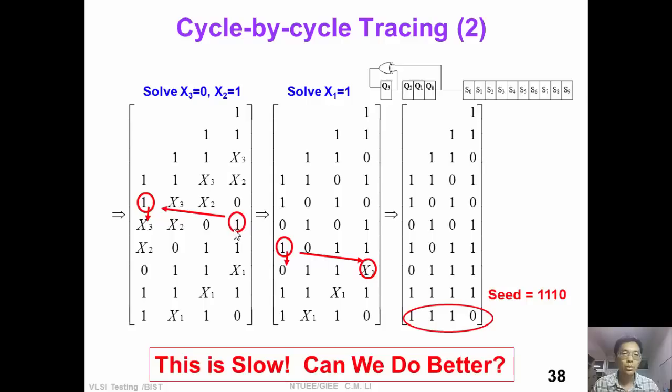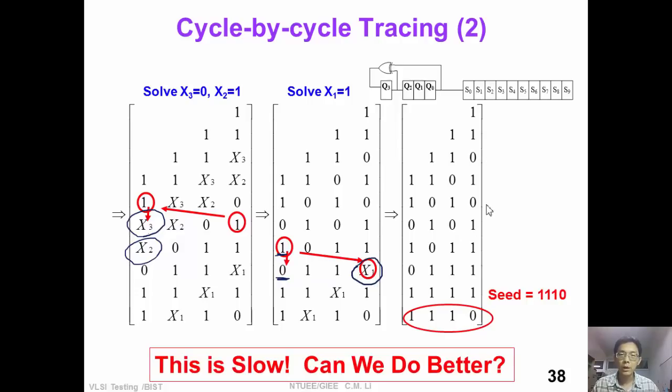We can apply the same equation and solve that this variable x3 is actually 0, and we can also find that x2 is actually 1. Since this is 0, this is 1, we can also solve that x1 is actually 1.